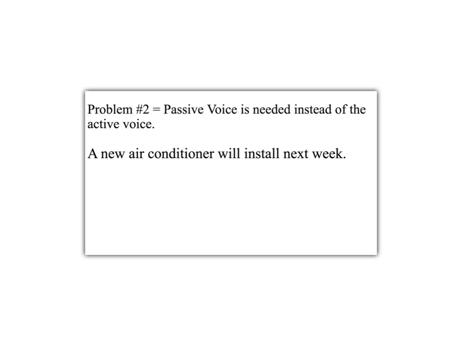The second most common mistake with the passive voice is using the active voice when you need to be using the passive voice. Here is a good example. A new air conditioner will install next week. So our subject is a new air conditioner. Here is our verb, will install. So, who is doing the installing?